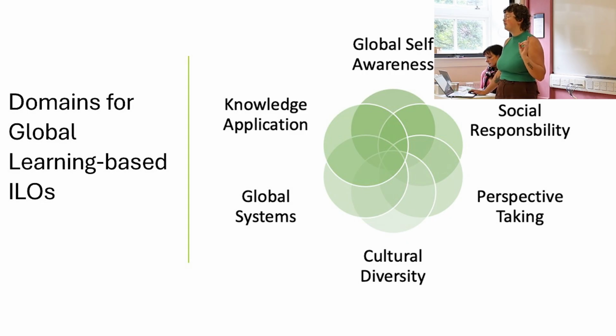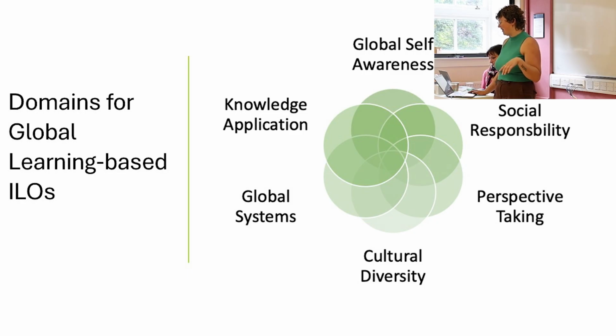So this comes from the American Association of Colleges and Universities in the States. This was developed by a group of, I think, 16 or 17 universities to determine what are some of our national or international outcomes, domains, or competencies that students can learn that focus on global or international learning.